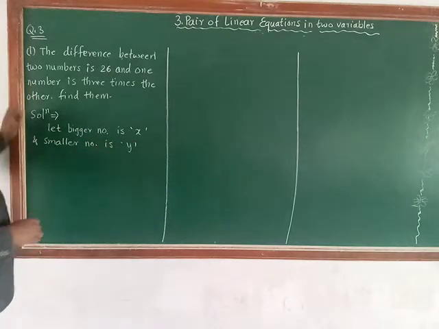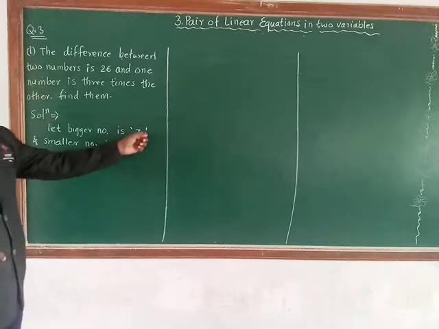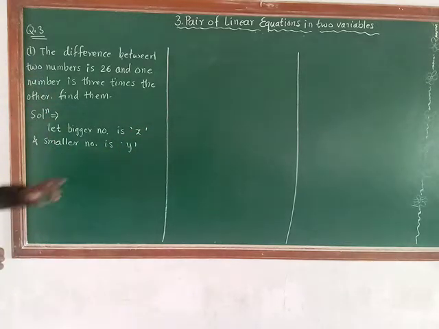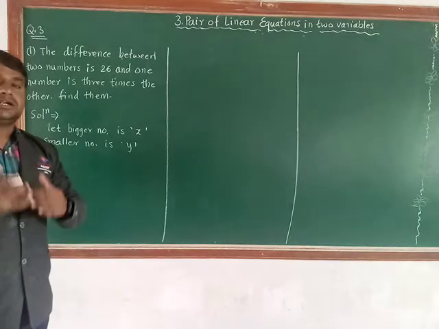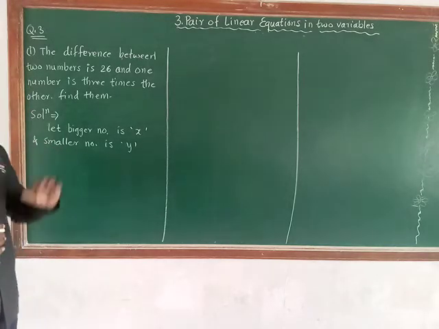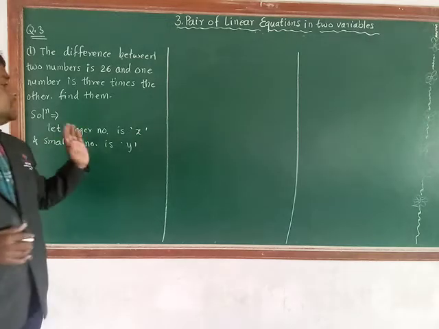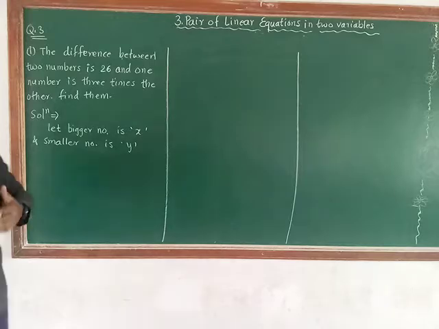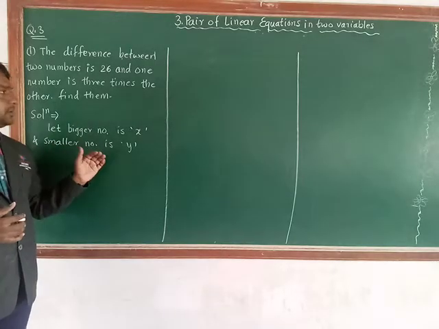So here we got two numbers, one number is x and another number is y. So what have we got as the first condition? Actually in every example in these word problems, we get two conditions, and from those two conditions we have to solve the problem. And we have to make a linear equation from that problem.